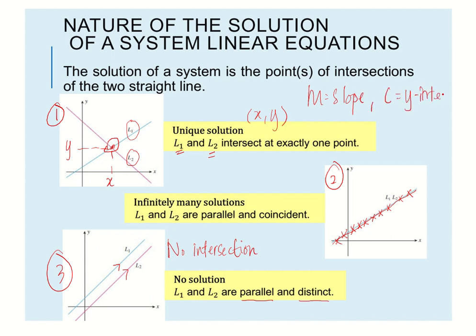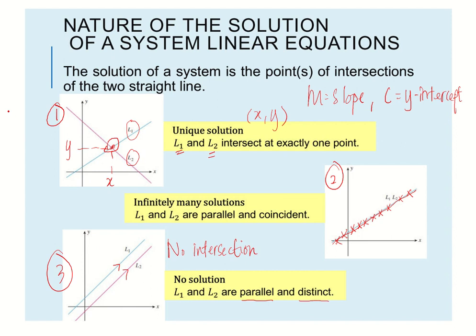The slope and the y-intercept tell us a lot of information. One piece of information is whether the system of linear equations has a unique solution, infinitely many solutions, or no solution. Let's start with this one by one.